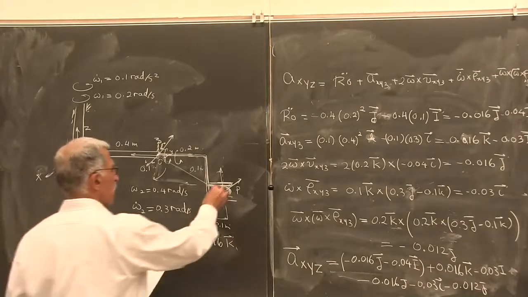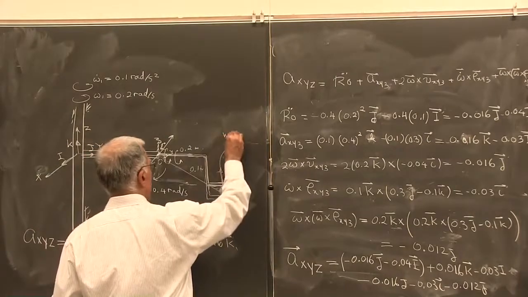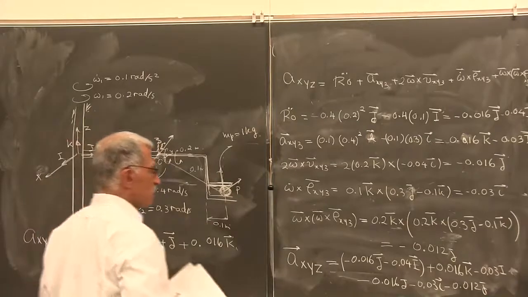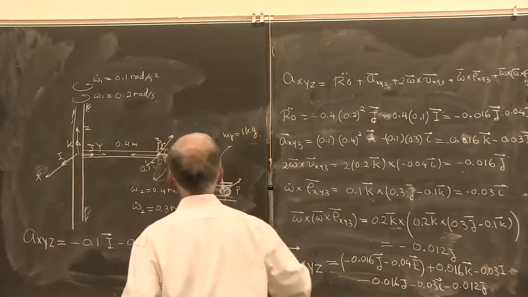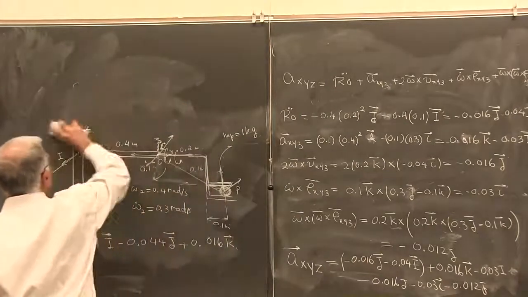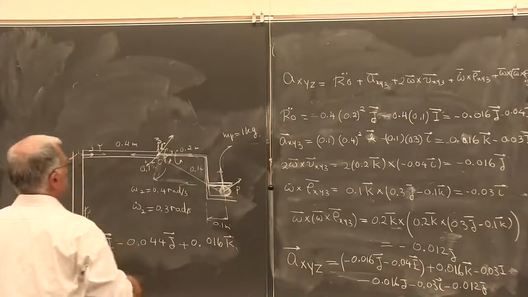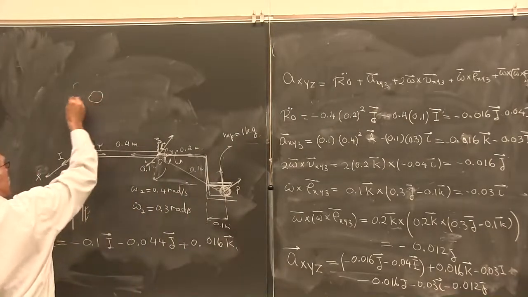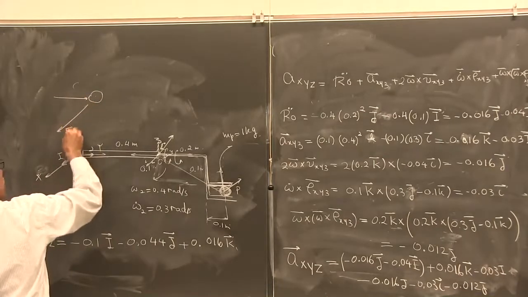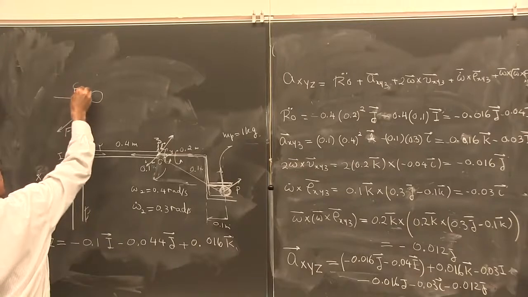And we have been given the mass of this particle: the mass of the particle is equal to 1 kilogram. Now you make a free body diagram, and you can say that to this particle you have a force in the x direction, Fx, Fy, Fz.